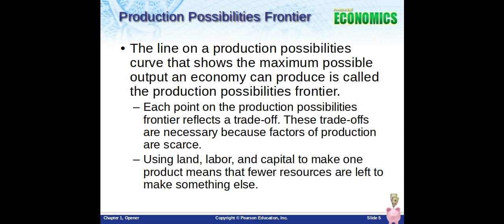All right, so we have this production possibilities frontier. What this production possibilities frontier does is it is the curve where we are producing at maximum efficiency. What that means is that we are producing as much as we possibly can. We're using our resources the best possible way, and we're producing as much as possible with those limited resources.